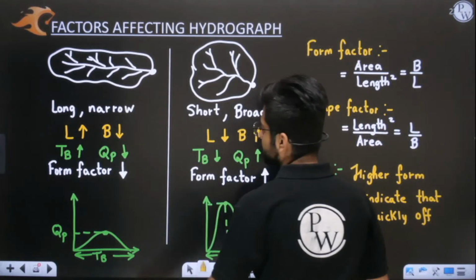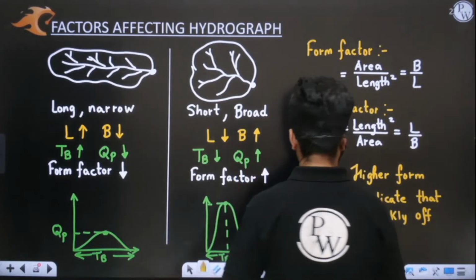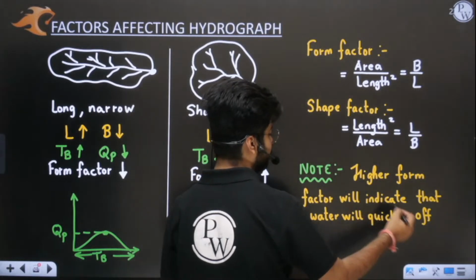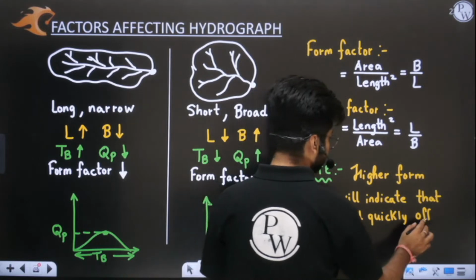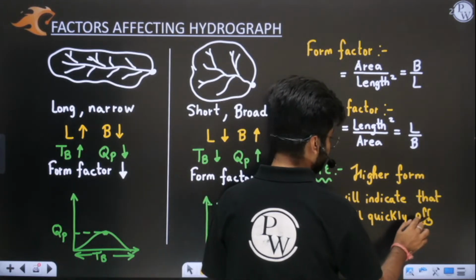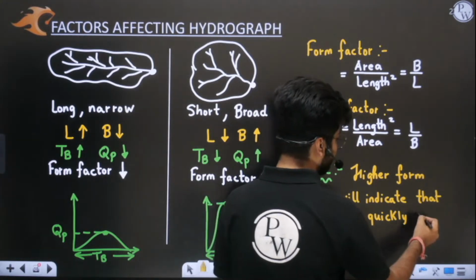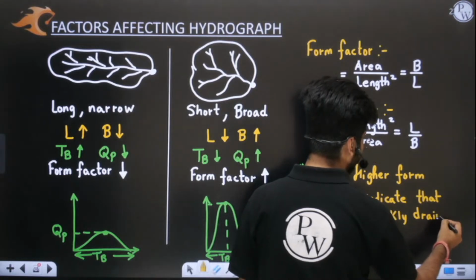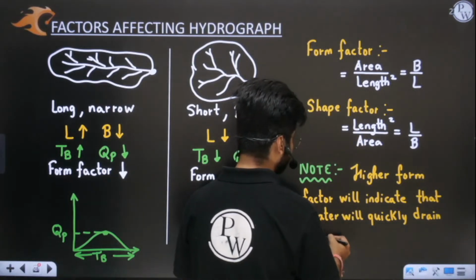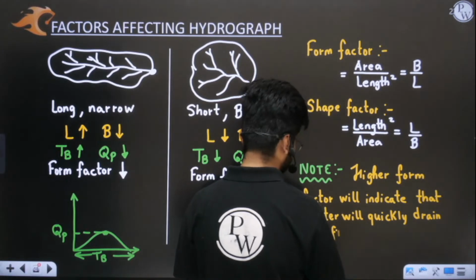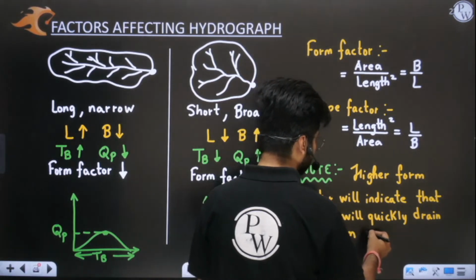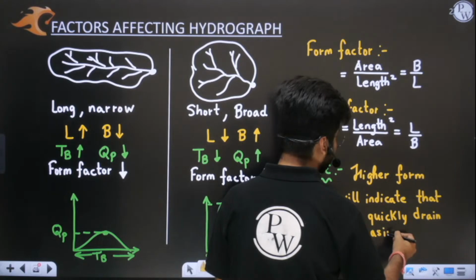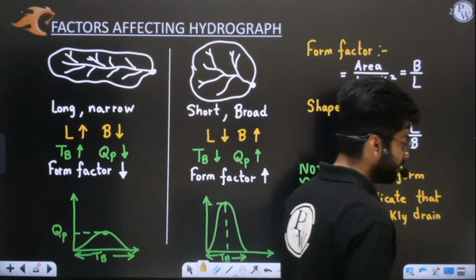Quickly means base time will be less. Water will quickly drain off from the basin. So this form factor is indicating this.